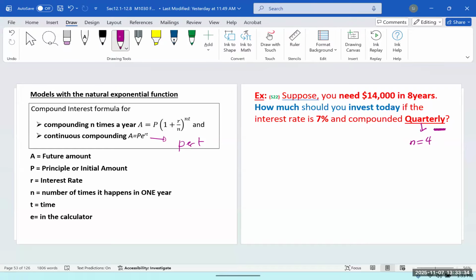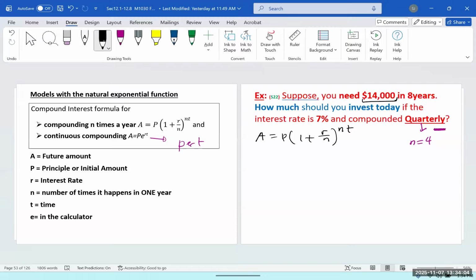So the banker, let's say for some reason the computer crashed, so he cannot use the computer to find out everything. So he has to do everything by hand. So he wrote down the formula. A equals P times 1 plus r divided by n, whole thing to the power nt. Let's label them.